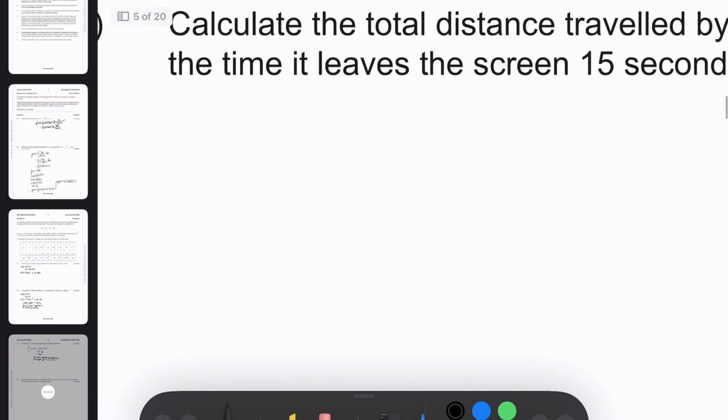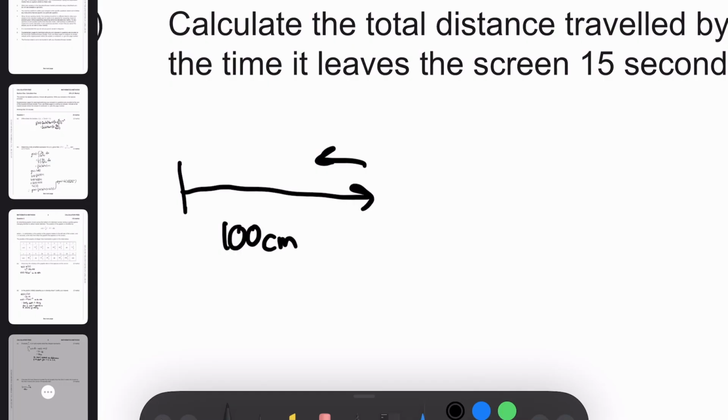Because for example, if we're just looking at displacement, let's say our graphic travels 100 centimeters to the right, and then at the very end it travels 30 centimeters back. If we're talking about displacement, then we only consider this 70 centimeter change. However, since it wants a total distance, we have to add up all of these changes together. So actually this is going to be 100 centimeters plus the 30 centimeters.